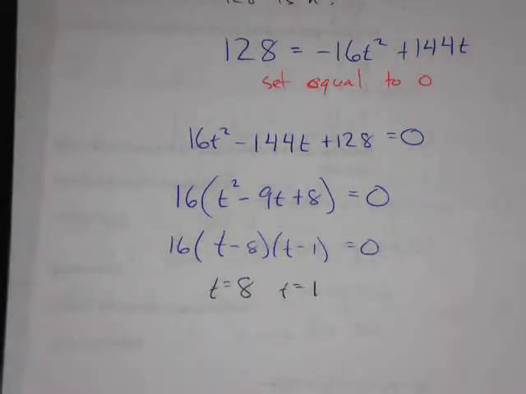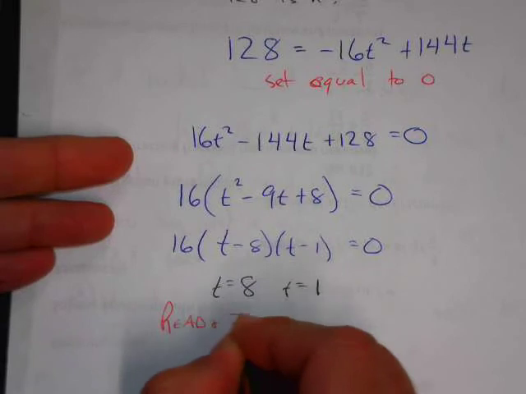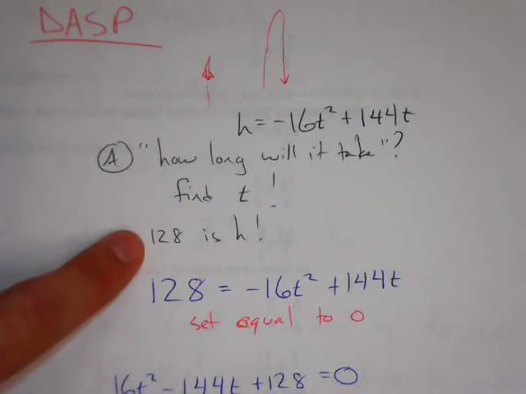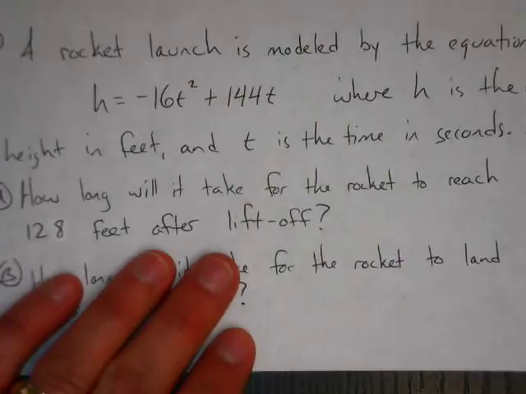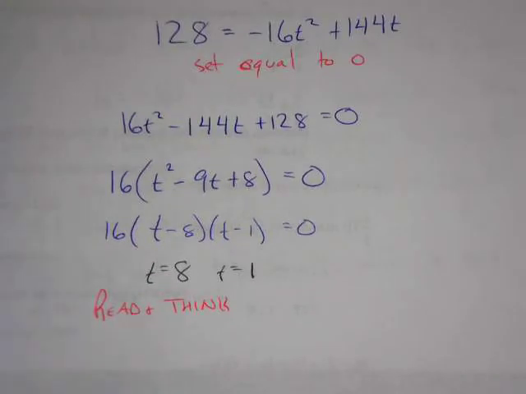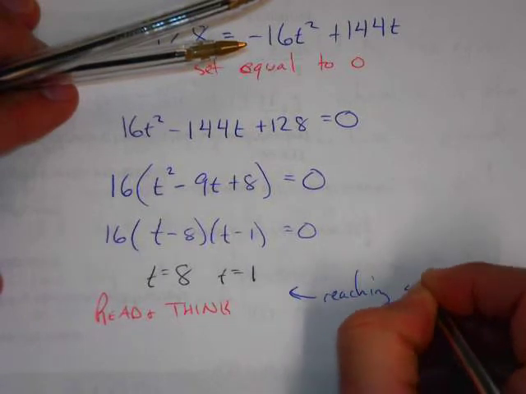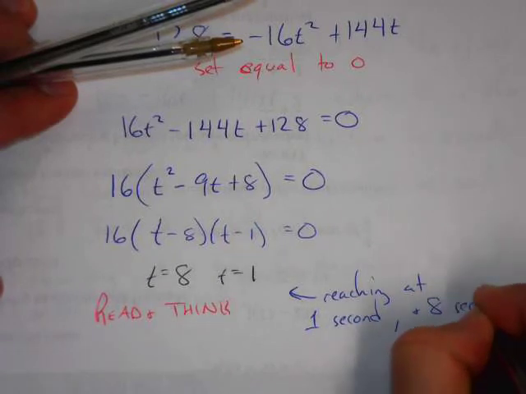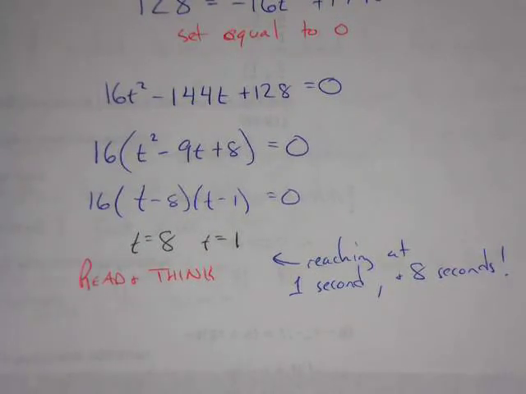Now here's where we have to go back to reading and thinking. Remember what the question was. How long will it take to reach 128 feet after liftoff? Notice what's happening. It's reaching that distance twice, at 1 second and at 8 seconds.